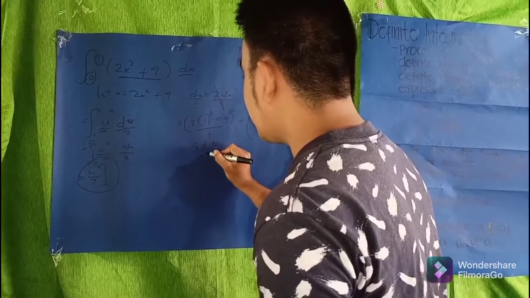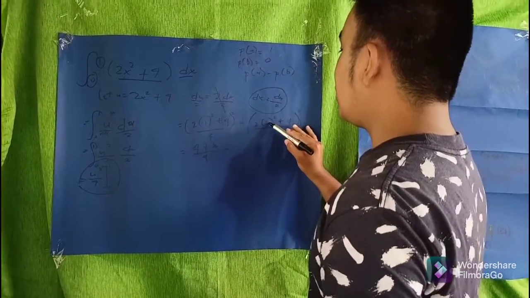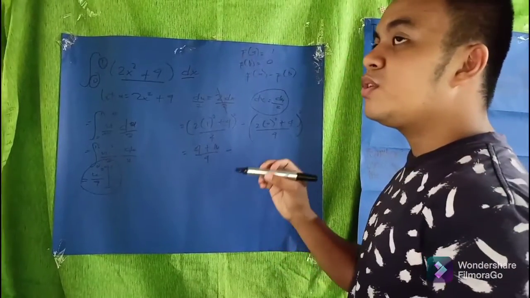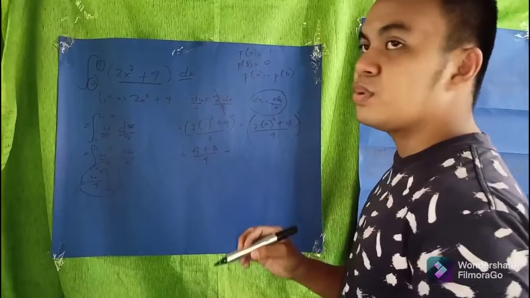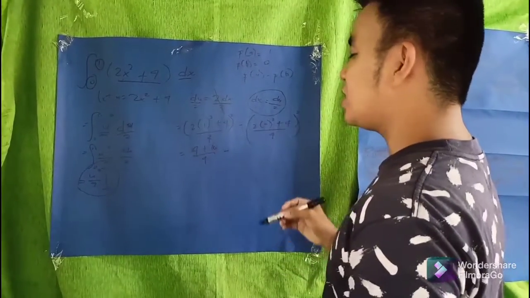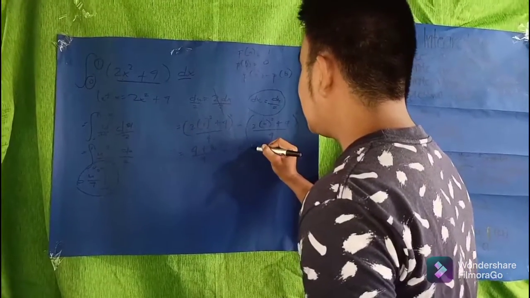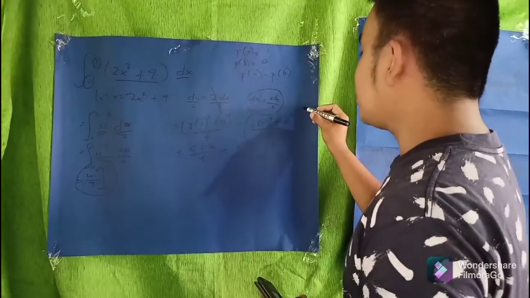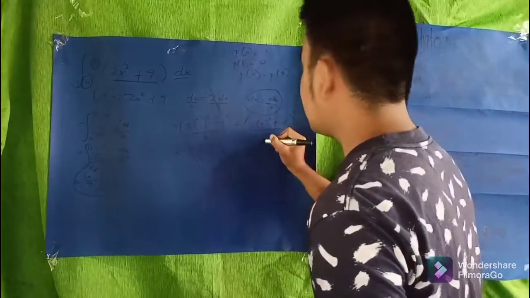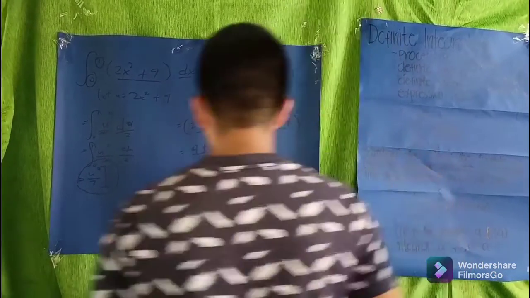Copy the denominator. Minus, 0 raised to the second power is equal to 0, times 2. Any number you multiply to 0 is equal to 0, so no need to raise its power because it will eventually become 0. Plus 4 raised to the second power is 16. And we will copy the denominator.